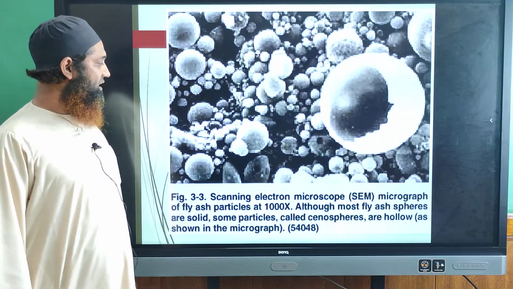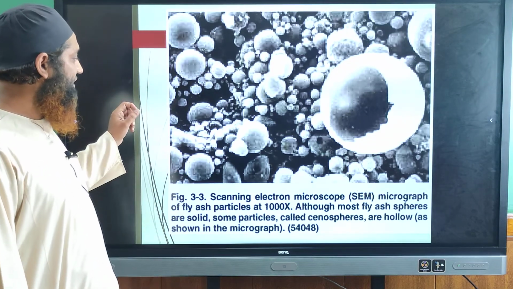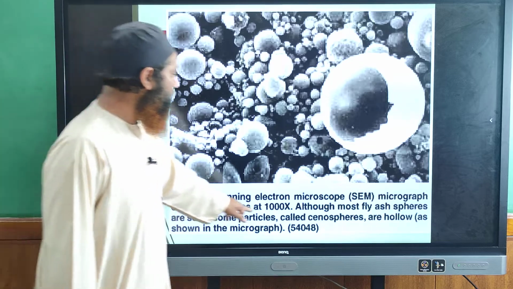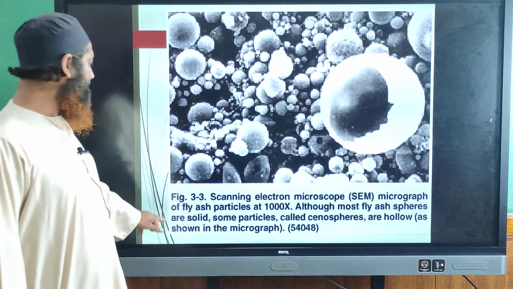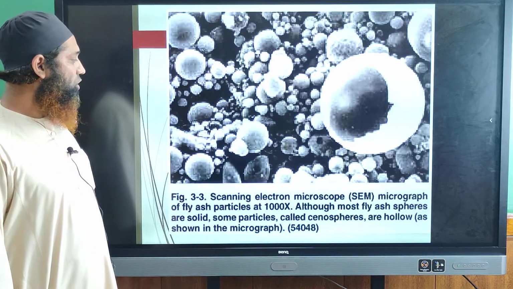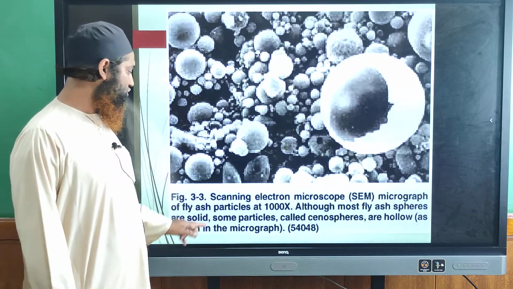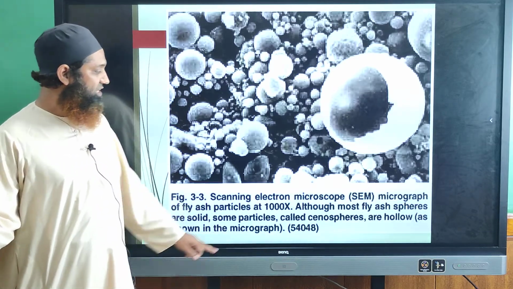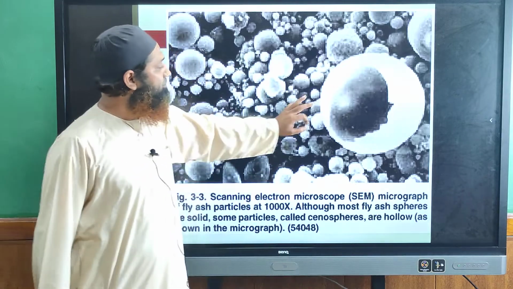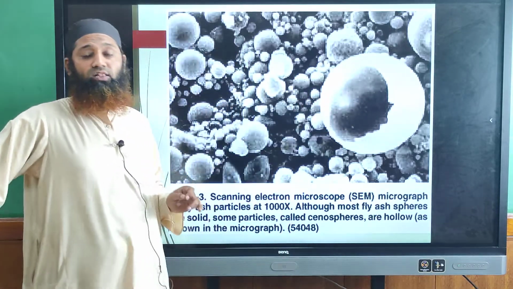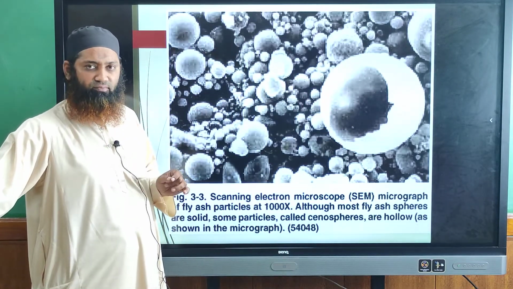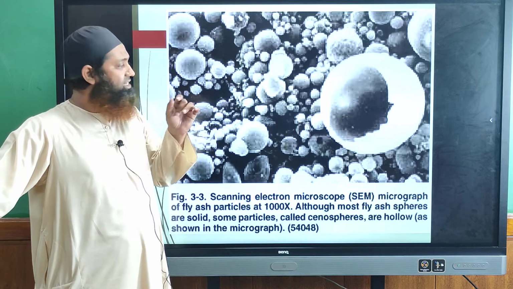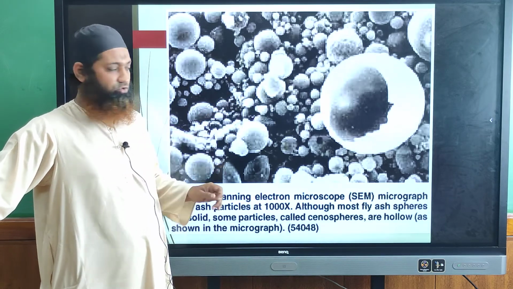And this is with the microscope. When we check this fly ash, you can see a scanning electron microscope micrograph of fly ash particles. Although most fly ash spheres are solid, some particles called cenospheres are hollow. As I have told you, all the particles are not in a powdered form. Some are in solid form, and some of them are hollow also.